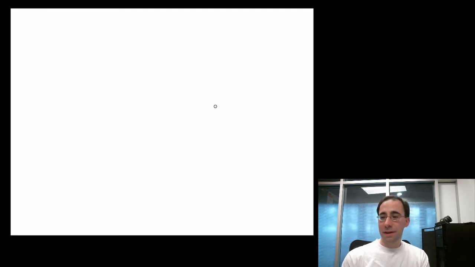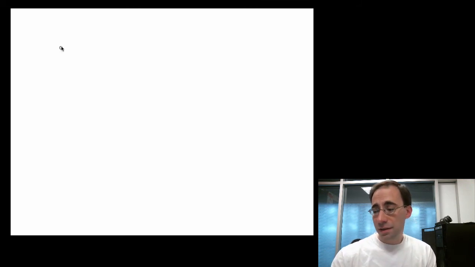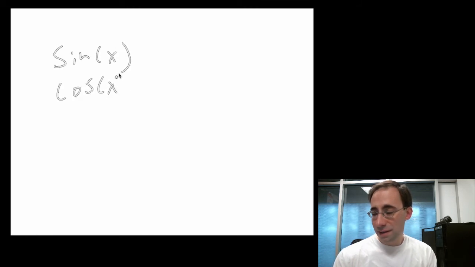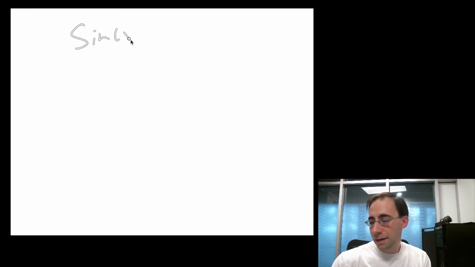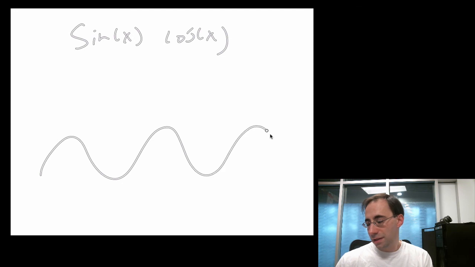And finally, there are a few other functions you might see in other contexts, particularly the trigonometric functions, which you might see if you do time series. They're the most common ones, sine and cosine. They both look like this, just shifted over to various points.